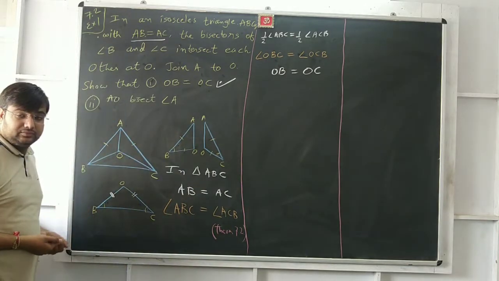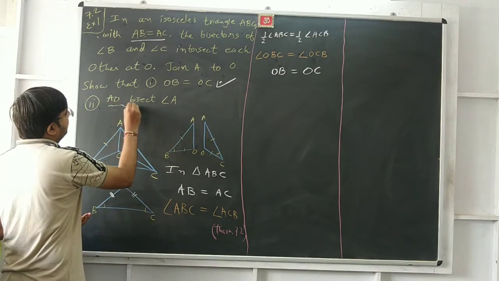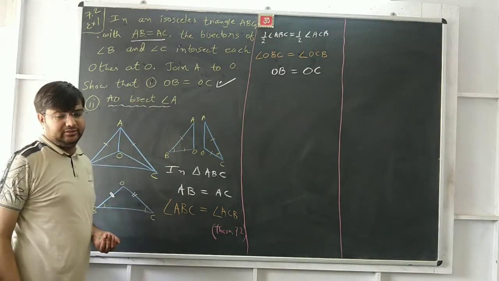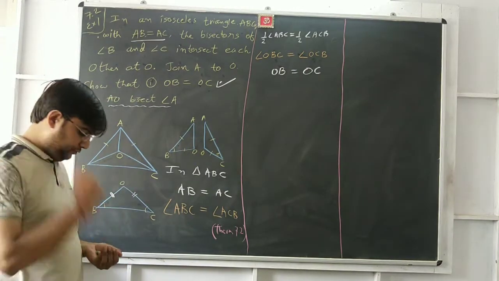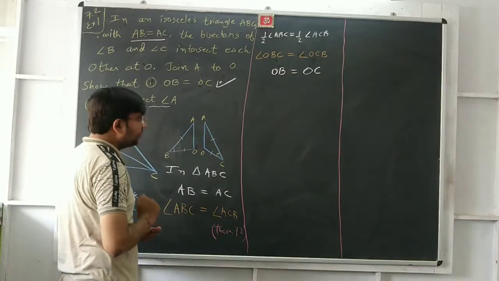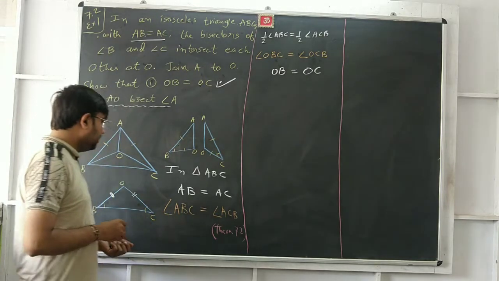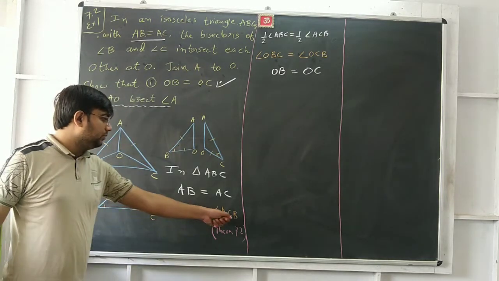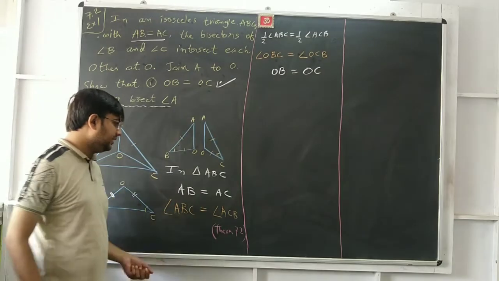Now the second one. What is the second one? Yes, AO bisects angle A. How can we prove it? First, we know that AB is equal to AC, then angle ABC is equal to angle ACB.